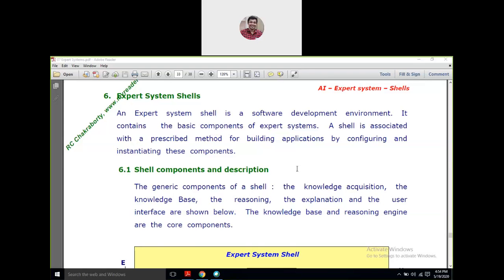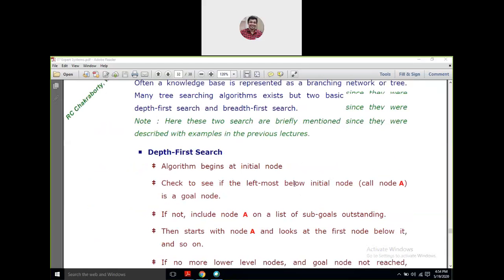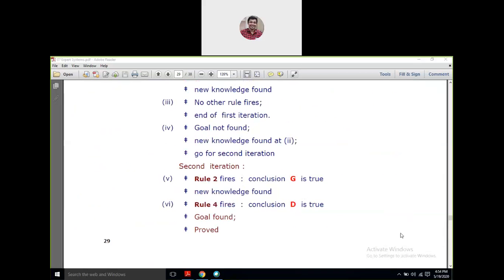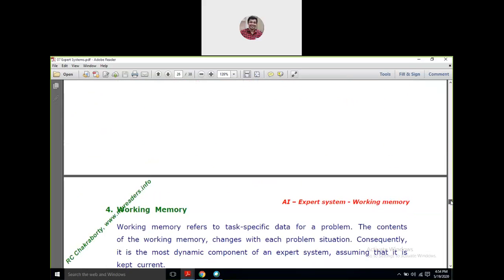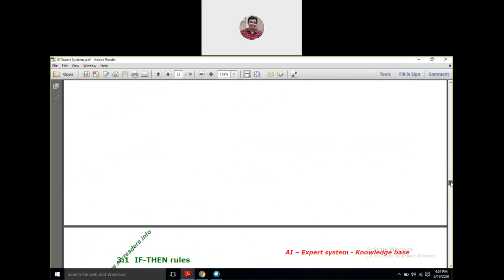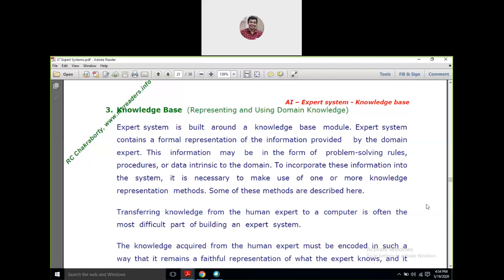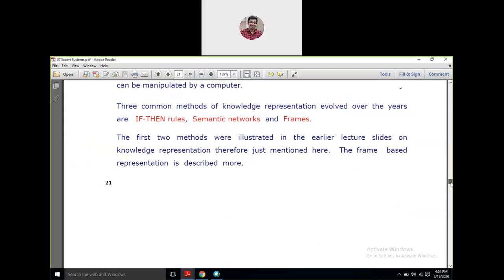So, in our last lecture, we came up to the techniques. We have gone through this knowledge base part, their characteristics and their basic requirements.